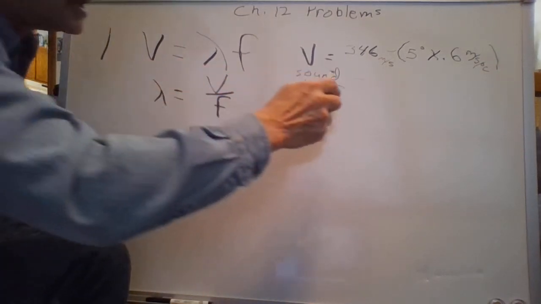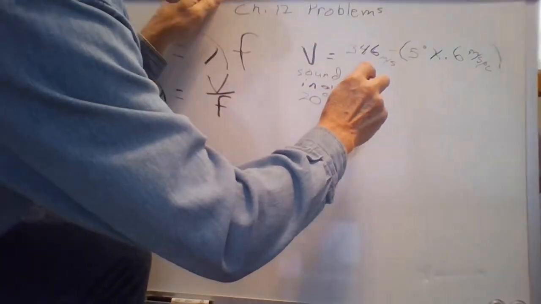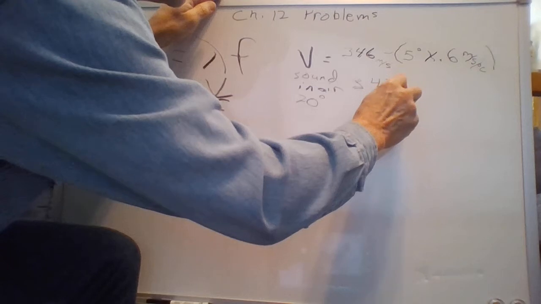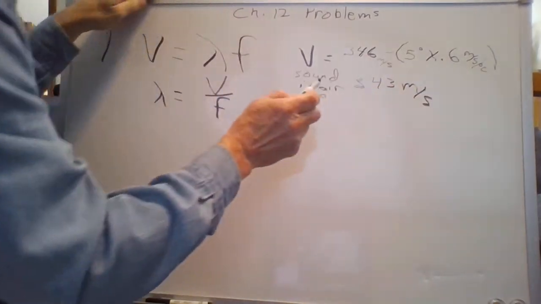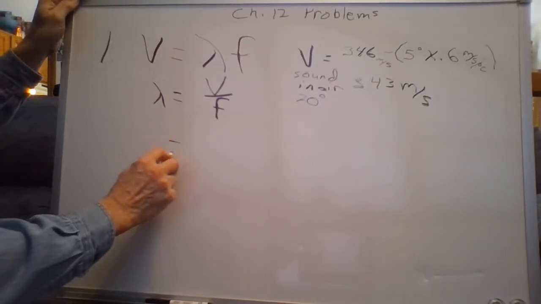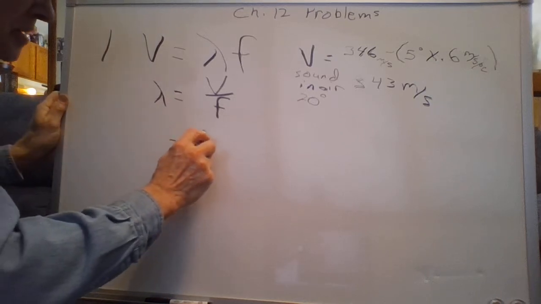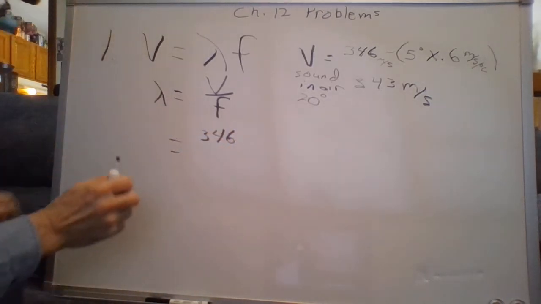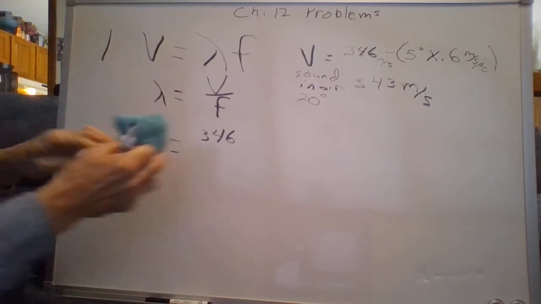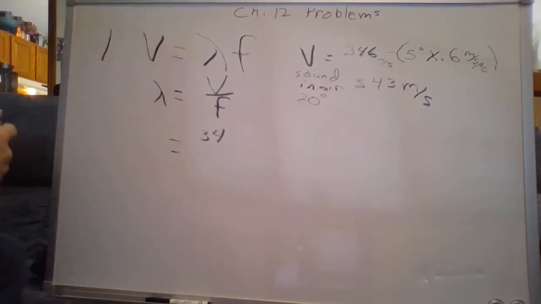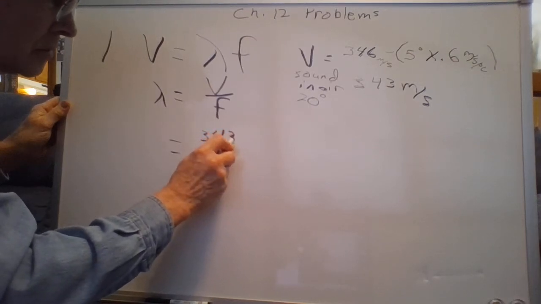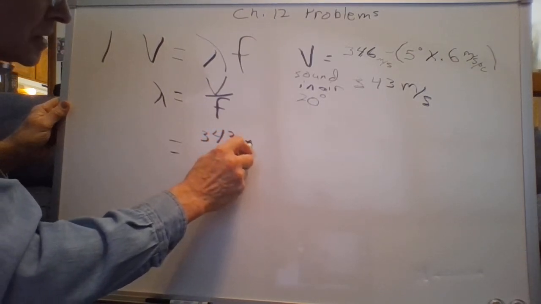So what does that give us? That gives us 343 meters per second as the speed of sound. There. Now we can go back to this equation. So the velocity of sound is 343, not 346, 343 at 20 degrees meters per second.